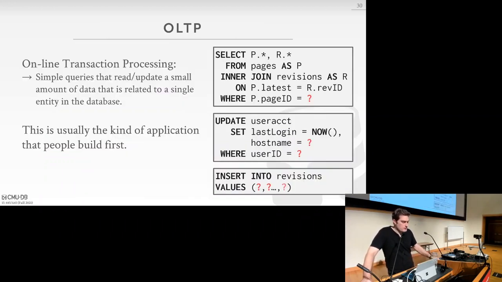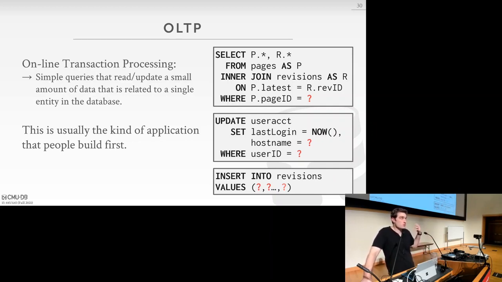So if you think about the OLTP types of queries that we might be running against the Wikipedia pages, again, it's just simple queries that read or update small amounts of data. So usually single entities. It might be getting the page data, updating the last time a user logged in, or adding a new record into the revisions table.